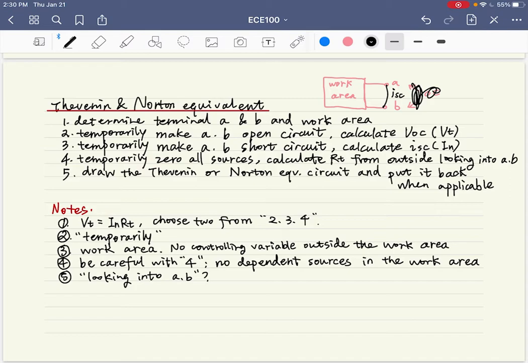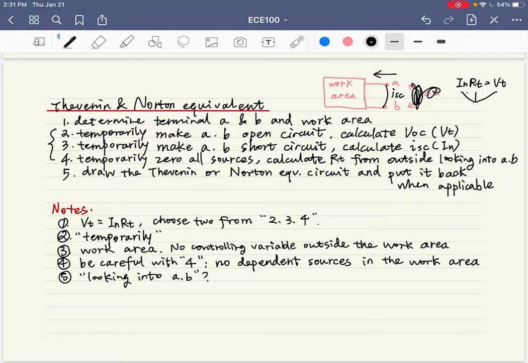The third step is to temporarily make A and B a short circuit and calculate the current flowing through it, which is basically IN, the Norton current. Step 4 is to calculate the equivalent resistance between A and B from the outside, looking into the work area.